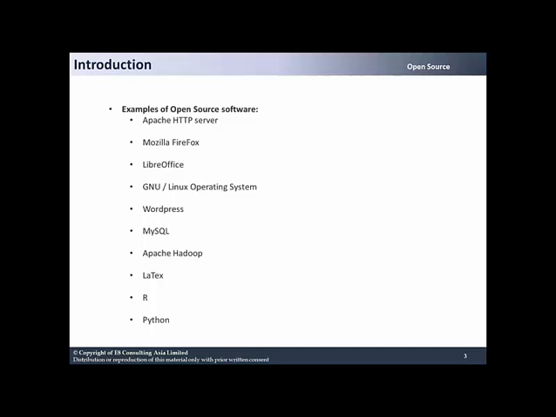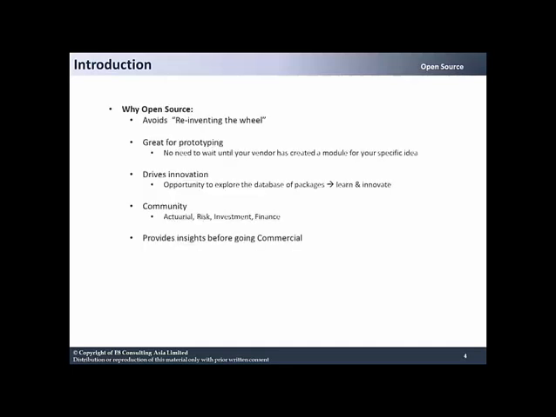So what is R and when did it originate? R originated 20 years ago at one of the universities in New Zealand. That's quite interesting for such a small country. Two professors decided that they wanted to build an application that was very similar to S, but they wanted it to be open source and free.